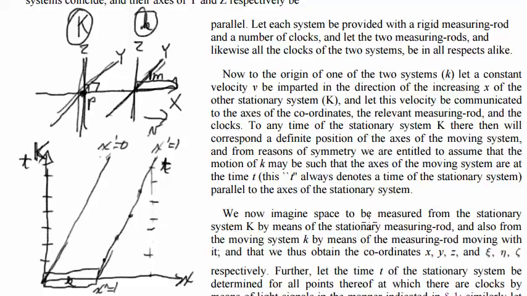We now imagine space to be measured from the stationary system K by means of the stationary, we'll put a stationary meter stick here with a big capital K on it, by means of a stationary measuring rod, and also from the moving system, little k, by means of the measuring rod moving with it. So that's this moving measuring rod here.